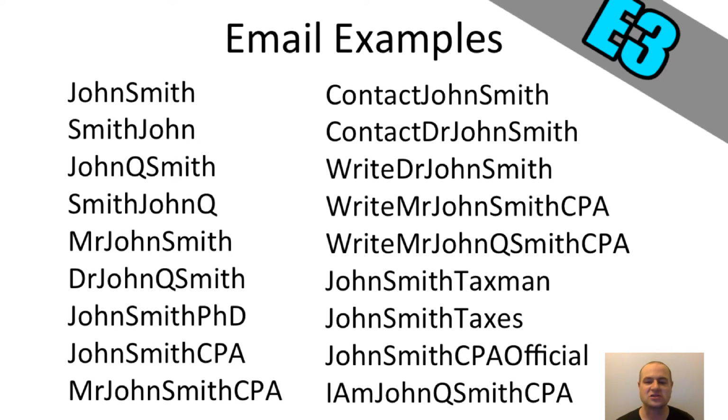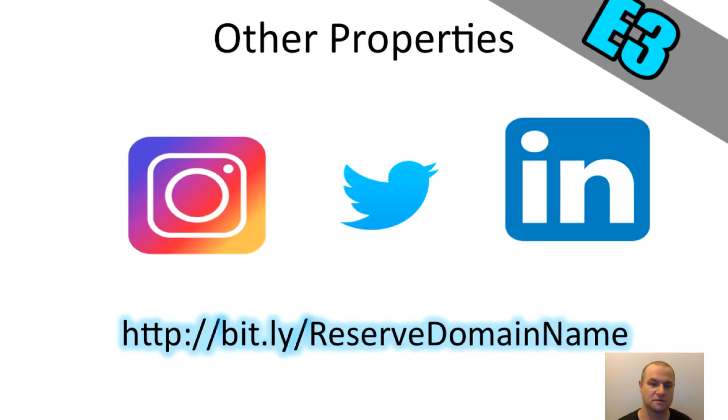So these are some examples of how you can approach this, and I'm sure that a real John Smith would probably be able to find an email address that he could use using this method, as I mentioned. Now, once you have your screen name chosen, I highly recommend that you try to find that screen name on other services and properties.